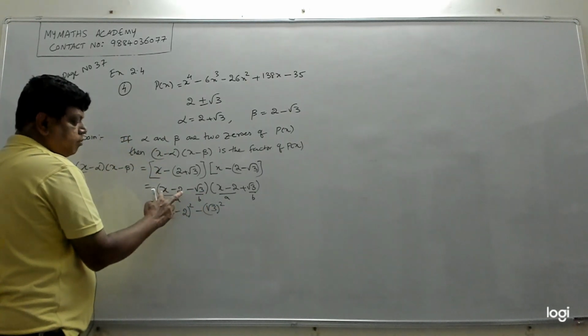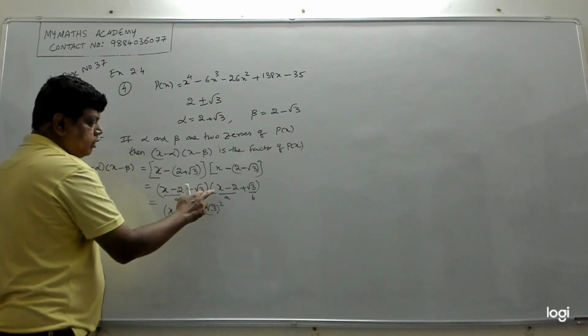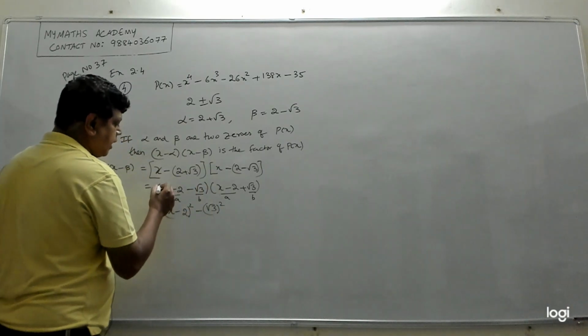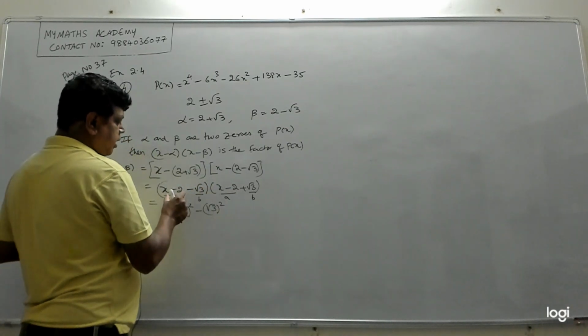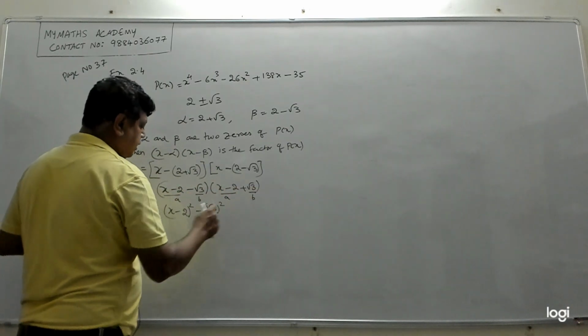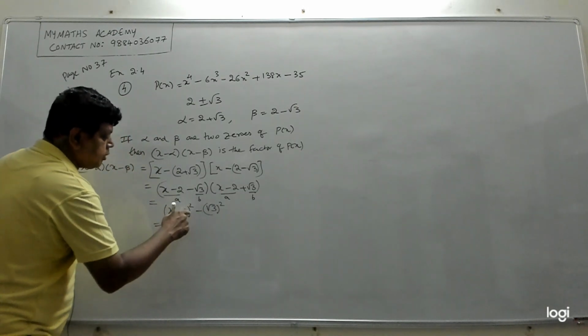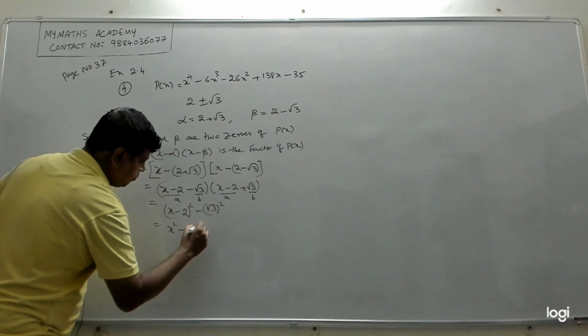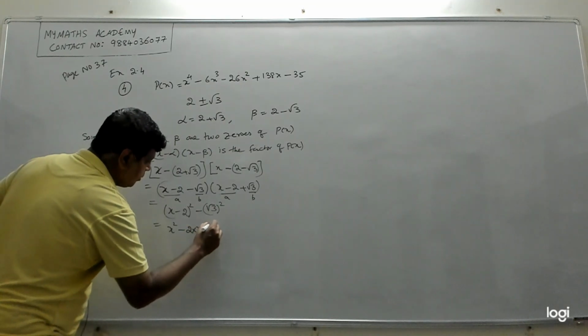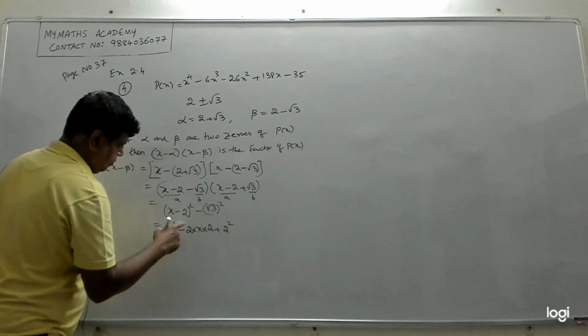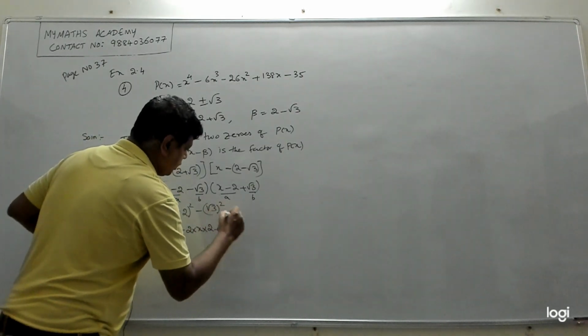So a minus b into a plus b is a square minus b square. If I expand this, I apply a minus b the whole square: a square minus 2ab plus b square. Here the square of 2 is 4, and root 3 the whole square is 3.